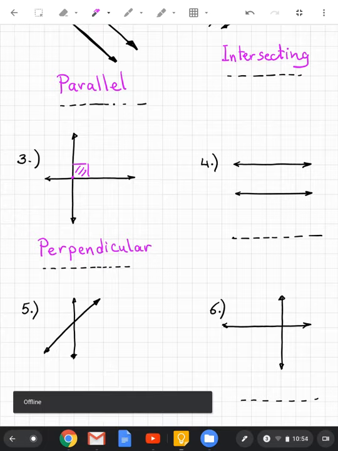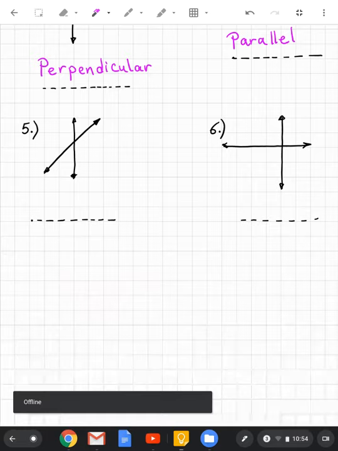Number 4, the two lines, they are not cutting each other, and the distance between them is always equal, so we call them parallel lines. Number 5, the two lines cut each other in one point, and they are not making a square corner.